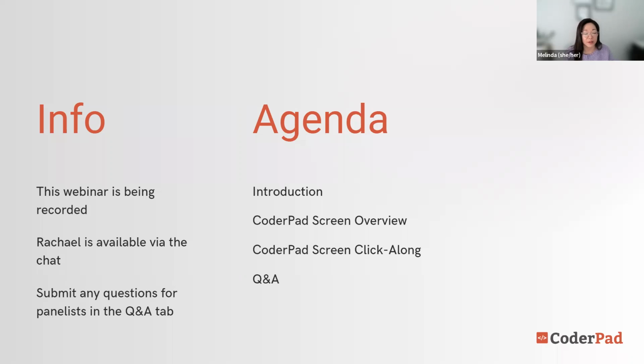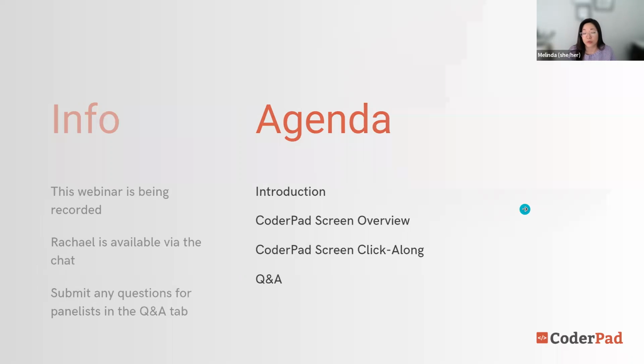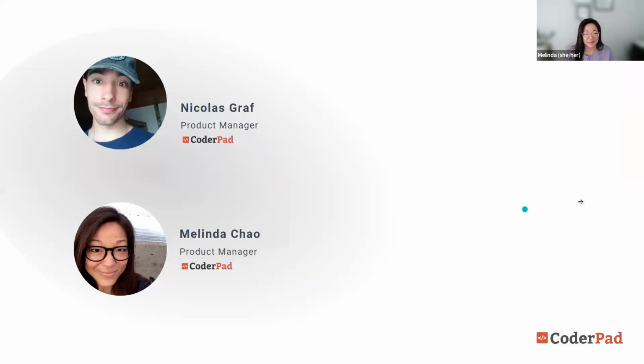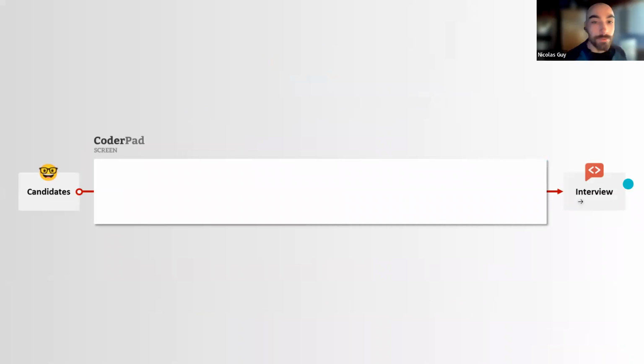And now that we're all acquainted, let's talk a little about CoderPad. Nicola, to just get the ball rolling, would you mind giving us that high-level overview I talked about? Let's go to it. So basically, CoderPad Screen is really the first step in the CoderPad process.